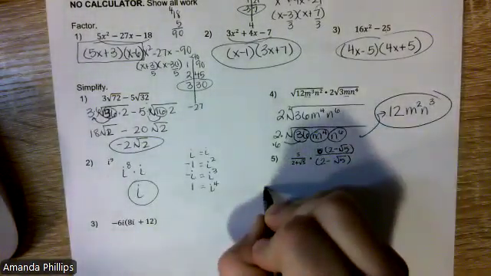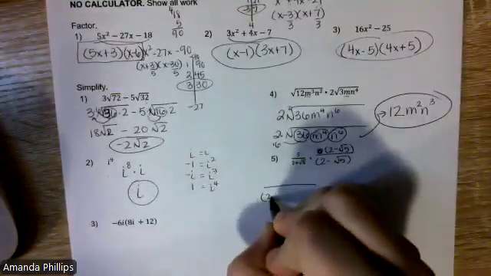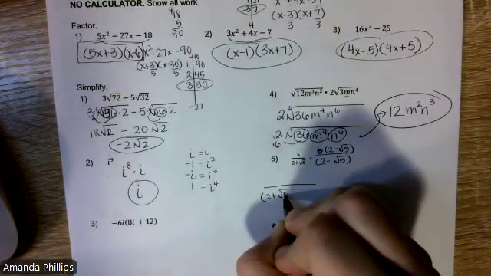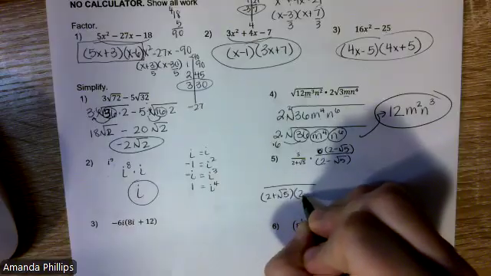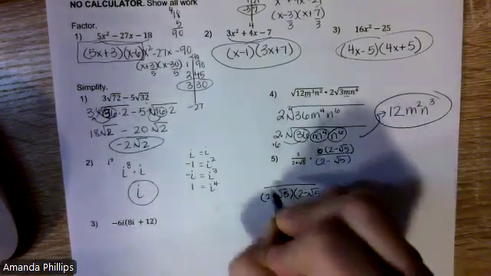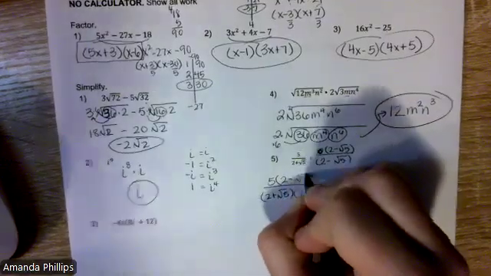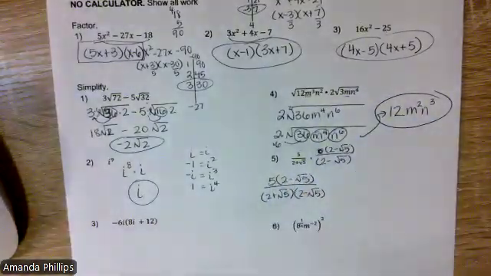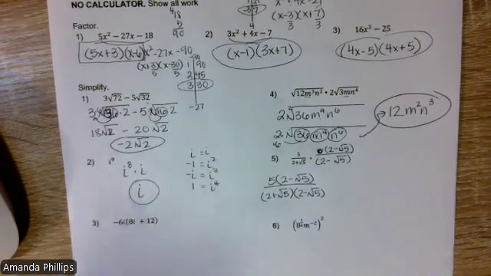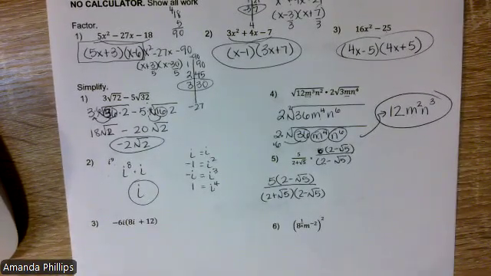Now I'm going to write it bigger so you can see, because what that really means is I am doing 2 plus the square root of 5 times 2 minus the square root of 5, and then I am multiplying 5 times 2 minus square root of 5 in the top. If you can do that without writing it again, that's fine.